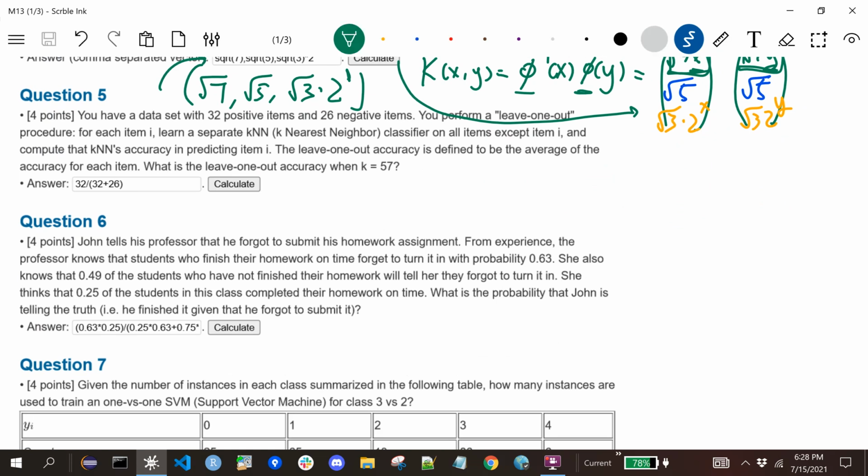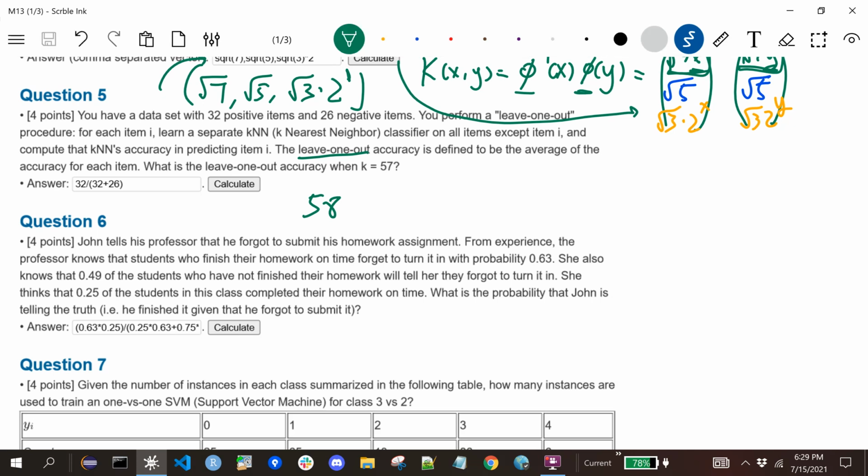The next question is asking about leave one out accuracy. So the idea here is basically we have how many items? We have 58 items. Every time we're just going to take one out and then use the remaining 57 of them to train the k-nearest neighbor or any other classifier.